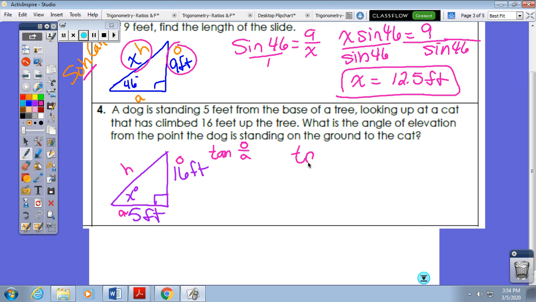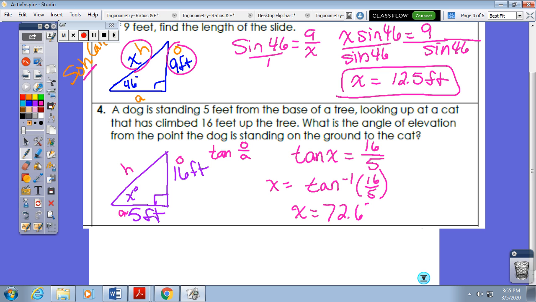So tangent of x is equal to 16 over 5. To find x, I'm going to do x is equal to tan inverse of 16 over 5, which is going to give me 72.6 degrees.